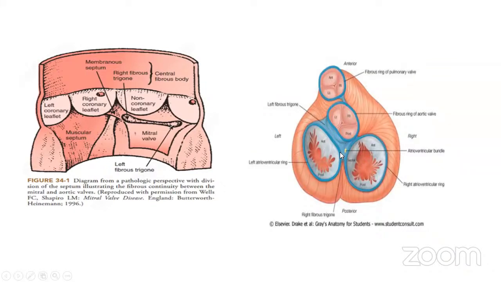It contains the atrioventricular node. And the left fibrous trigone, as we said, is in close proximity to the aortic valve. Actually, the anterior mitral leaflet is in fibrous continuity with the aortic valve itself.